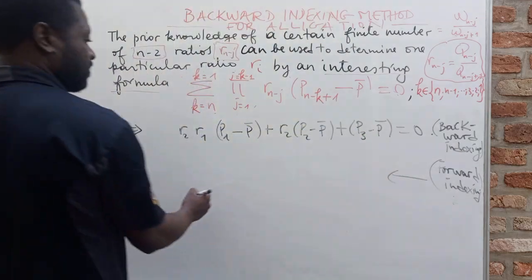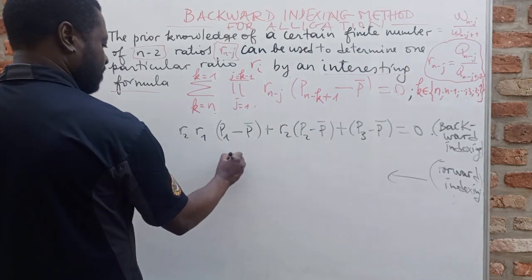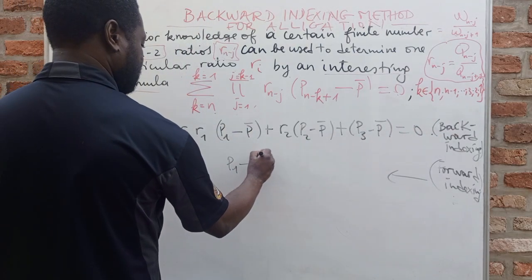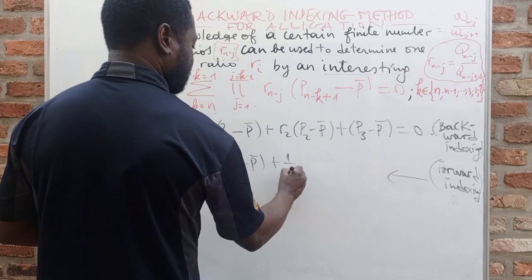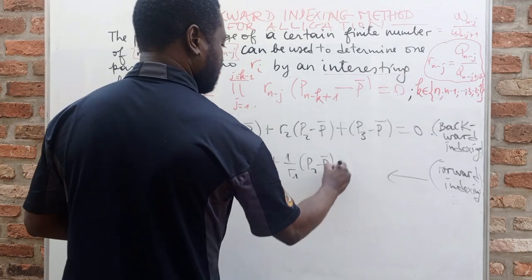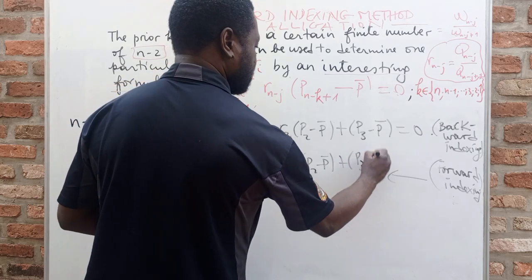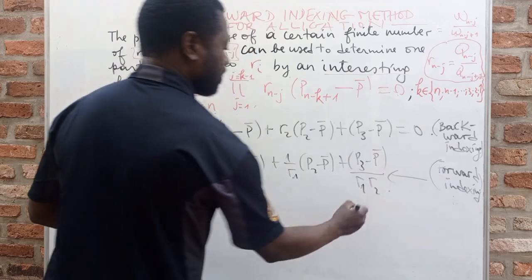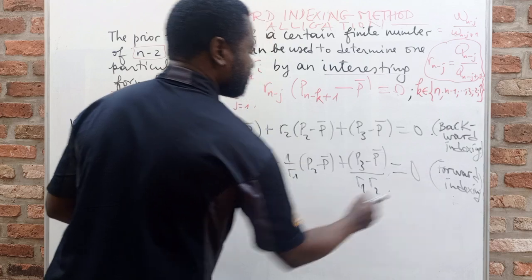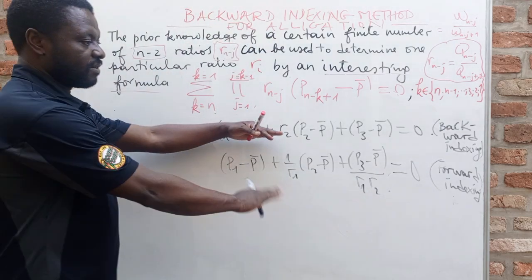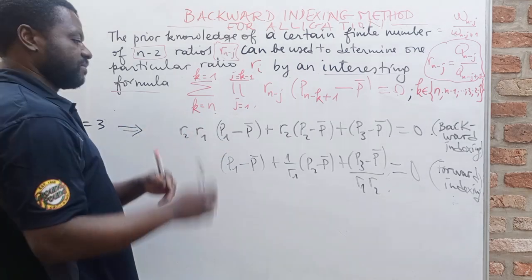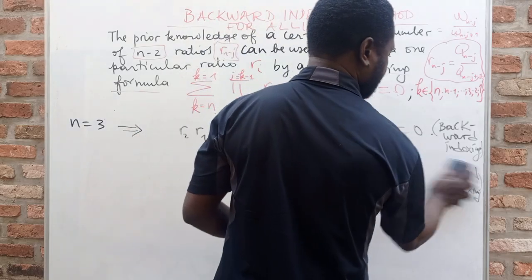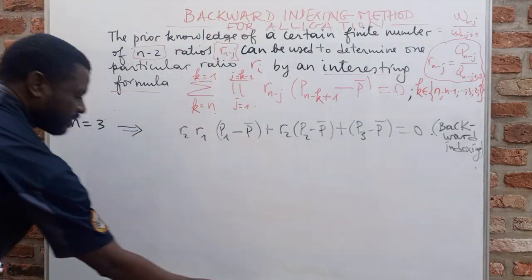This equation is equivalent to the one where I start with P1 and divide all terms by this product, and you get P1 minus P bar over R1, plus P2 minus P bar, plus P3 minus P bar over R1 times R2, equal to 0. The forward indexing method is what we used last time. Now we're going to use this expression, the backward indexing method.